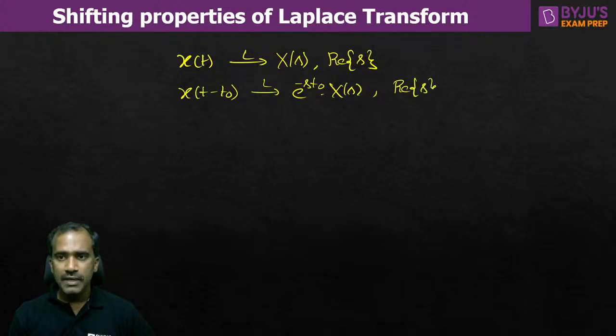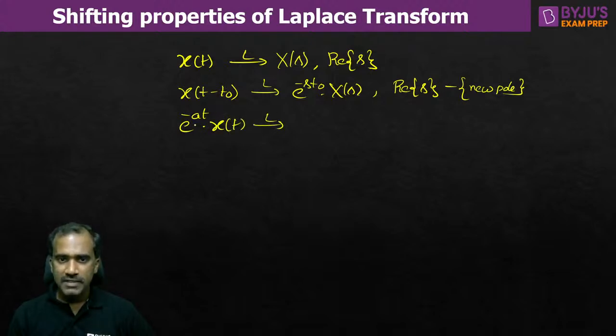What happens to the ROC? Real part of s minus the new poles that are created because of time shifting. Next, how about e power minus at into x of t? So I'm giving S shifting property here. What is that? It is x of s plus a, real part of s. S becomes s plus a here.